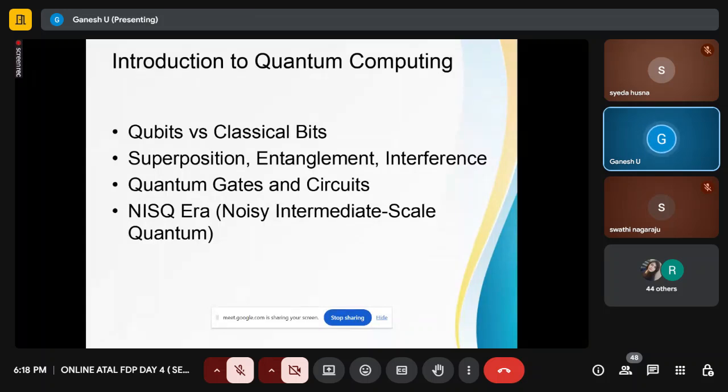Between 0 and 1, there are n number of values, so any possibility can be taken. In classical, there is only one of 0 or 1, only two possibilities. Here you have many possibilities from 0 to 1.